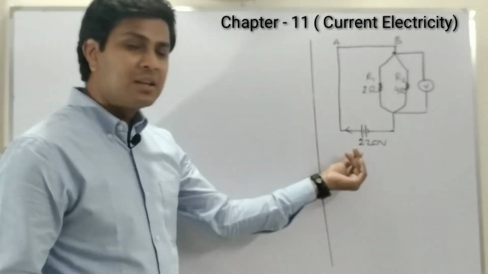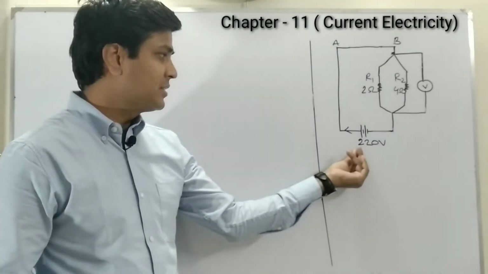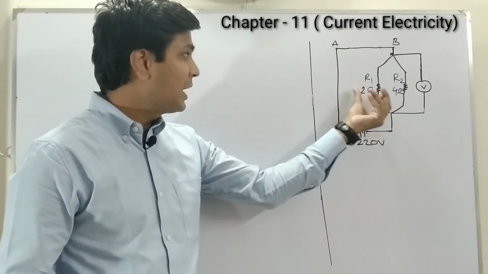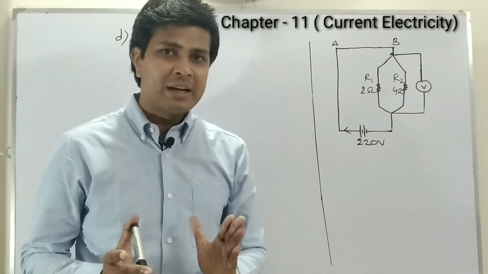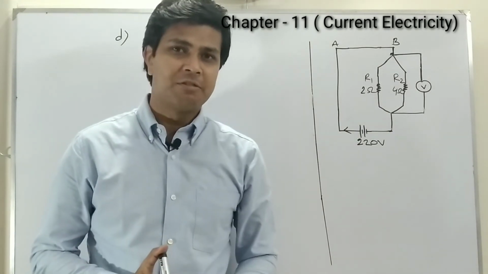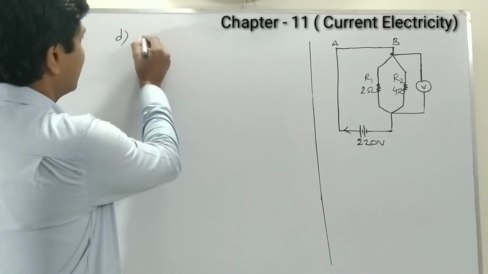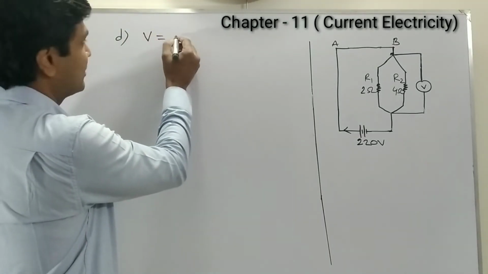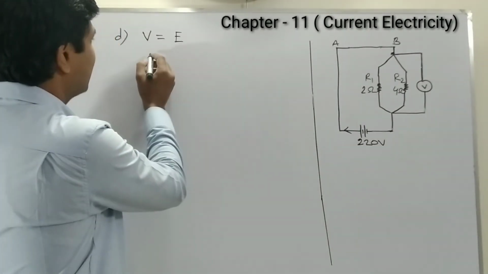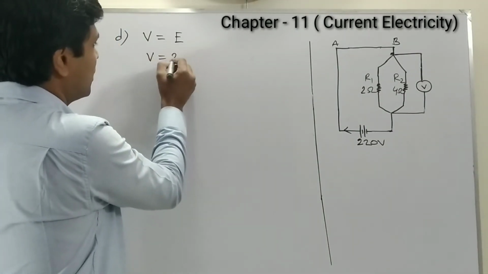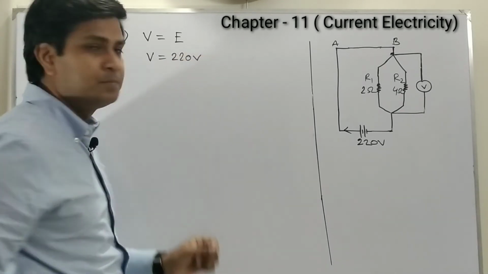In the given circuit, the potential difference is 220 volt because R1 and R2 are in parallel, and we know the parallel circuit has the same potential difference. So we can write V, the potential difference of the circuit, is equal to the electromotive force. So V equals 220 volt.